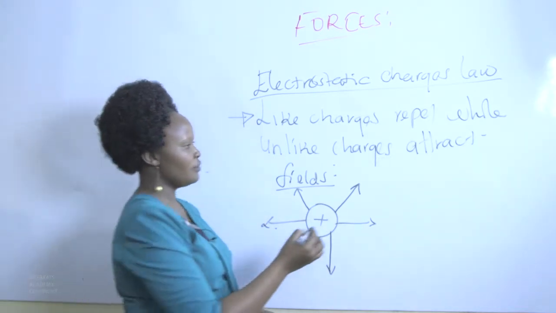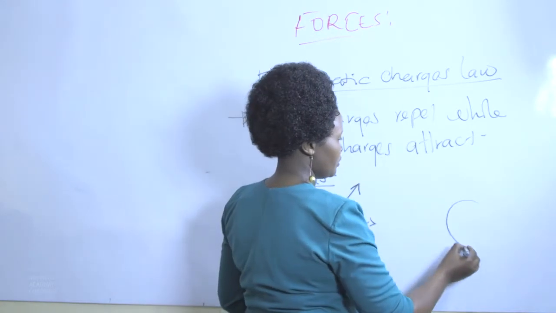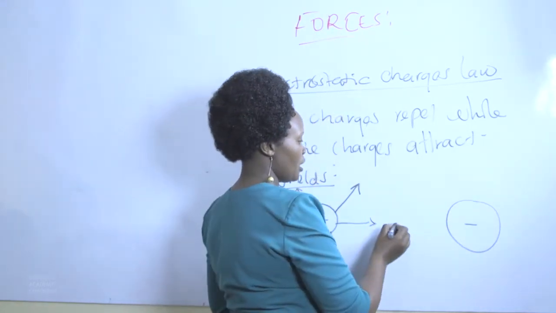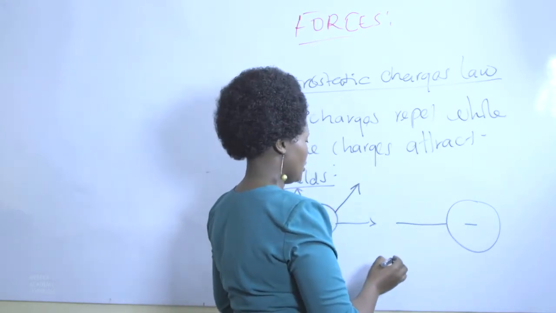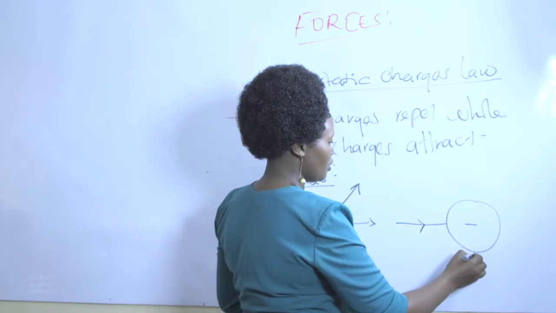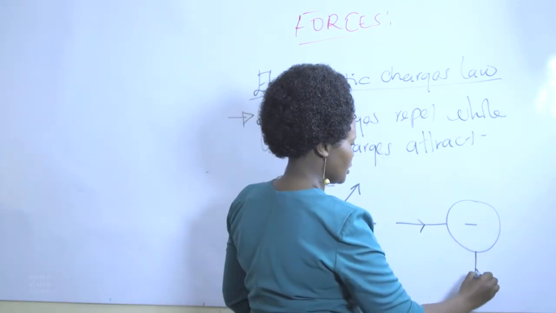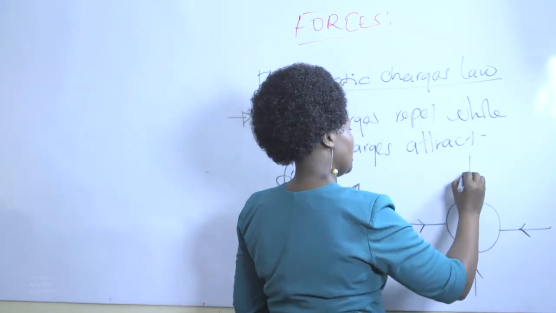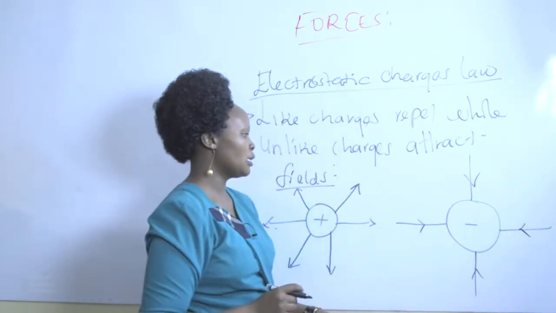Now, if you have a negative charge, the field will be towards the charge, like that.